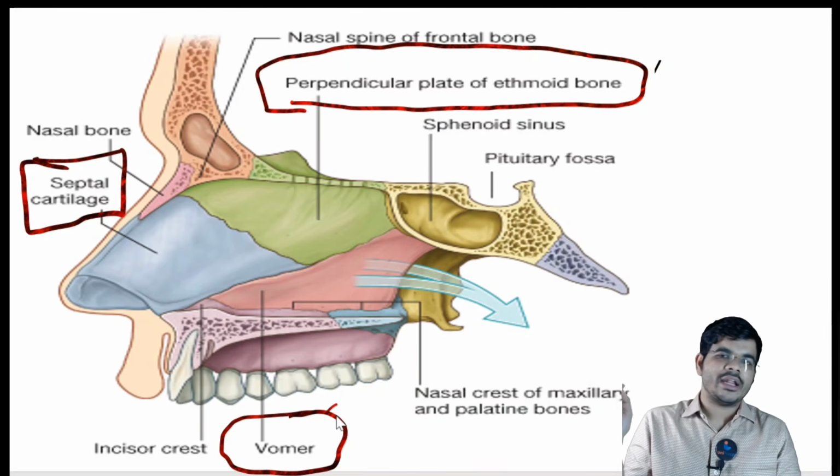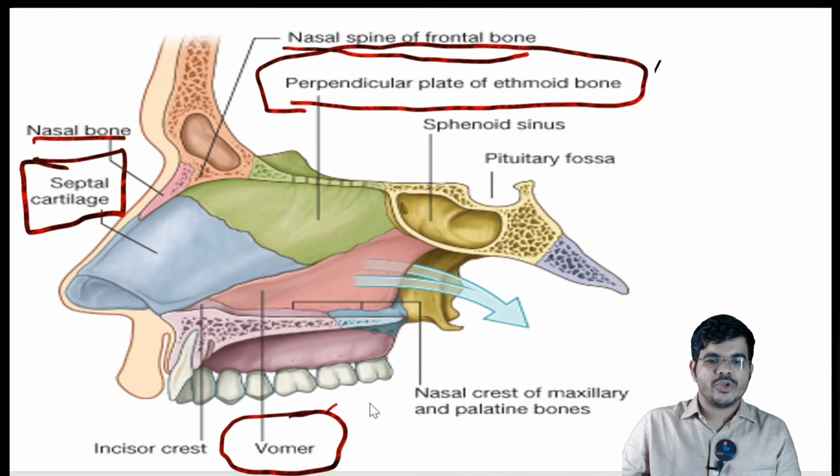Along with that there are certain contributions coming from the nasal spine of the frontal bone, as you can see here, and also the nasal bone, and also from the nasal crest of the maxilla and the palatine bone.